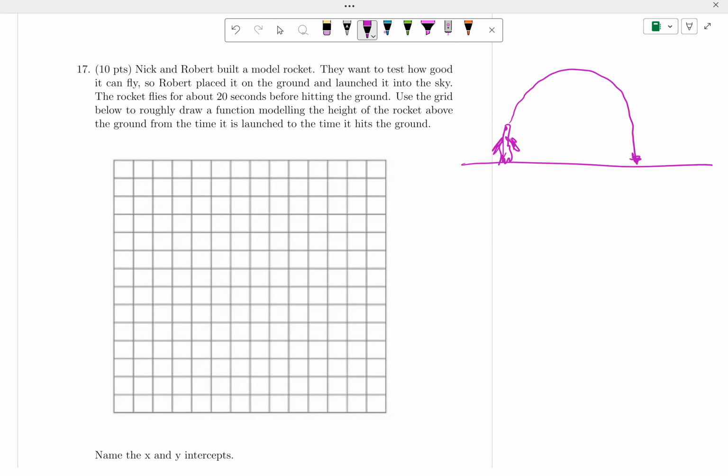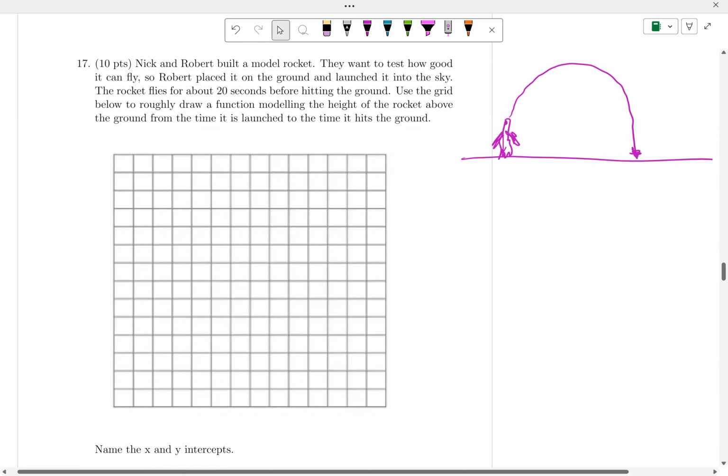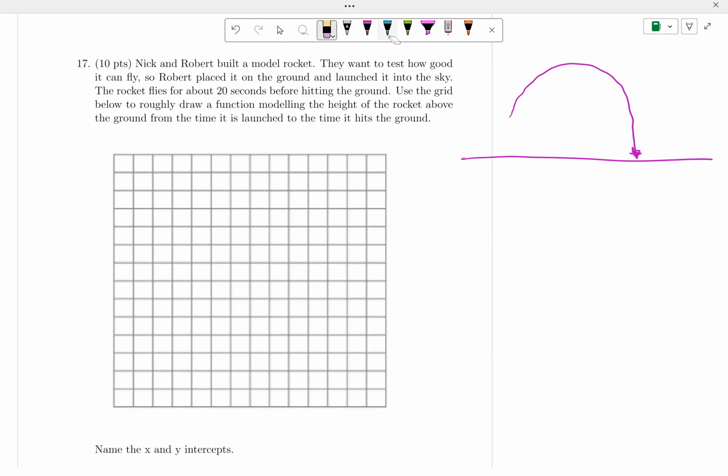This is the ground, so it's sitting on the ground. That's really what the rocket is going to do. Or even a baseball, anything flying through the air. If you hit a ball, or even shoot a basketball, it's going to take what is known as a parabolic path and come back down eventually, right? So that's all we're illustrating.